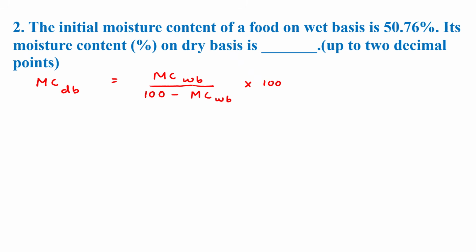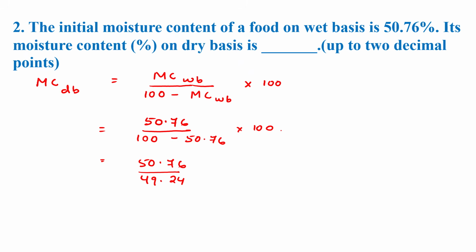So what is the moisture content on wet basis? That is 50.76 divided by 100 minus 50.76, into 100, or it is 50.76 divided by 49.24 into 100.